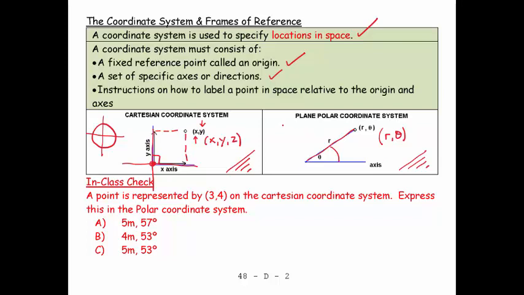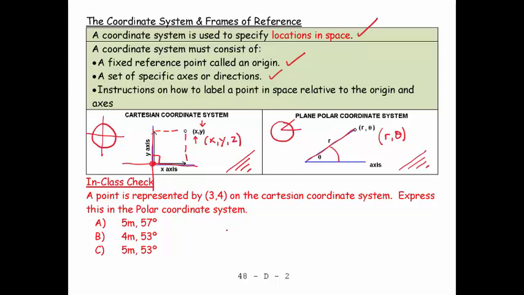But if I looked at this on a plane polar coordinate system, then every point on this circumference has the same value of r and a steadily increasing value of theta, and so it's easy to identify. You use the best coordinate system for what you're going to work with, and most of the time we deal with the Cartesian coordinate system.